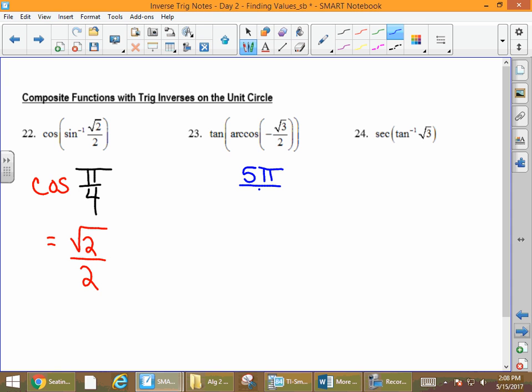It's 5 pi over 6. So we figured out that value farthest to the right, the inside function. And now we're going to ask ourselves, well, what is the tangent of 5 pi over 6? It's going to be negative radical 3 over 3.